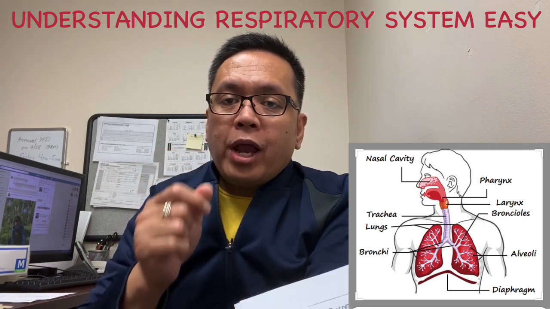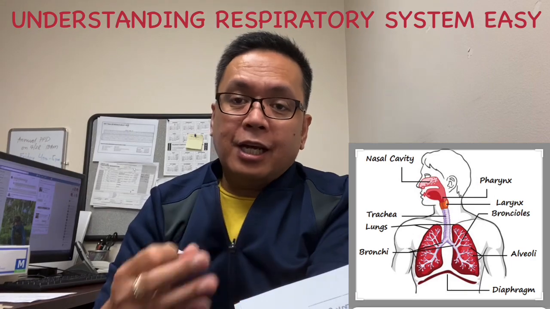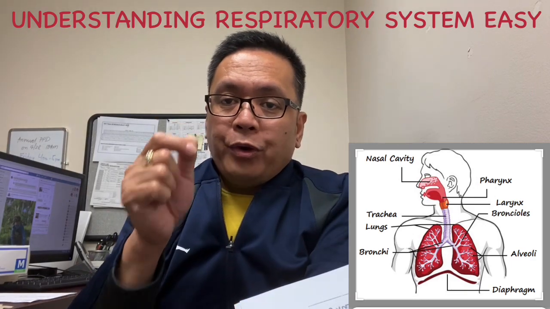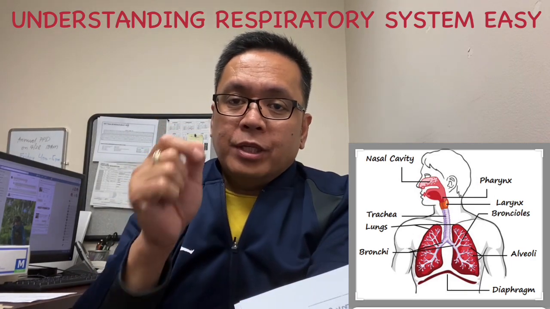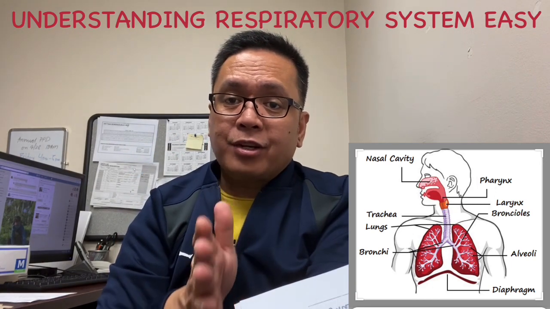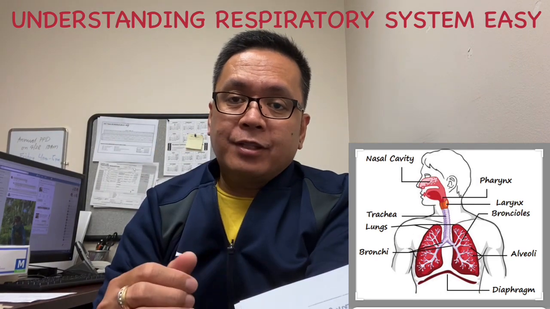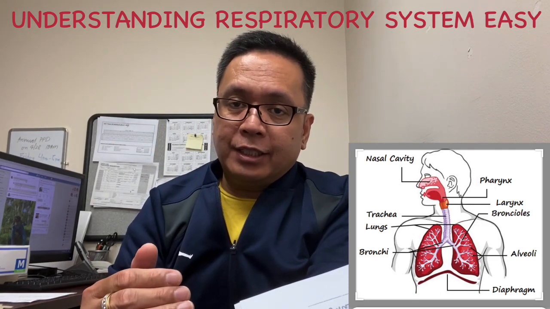The lower airway includes the trachea, the bronchi, and then the lungs. The lower airway begins with the trachea, which divides at the carina to form the right and then the left mainstem bronchi of the lungs.